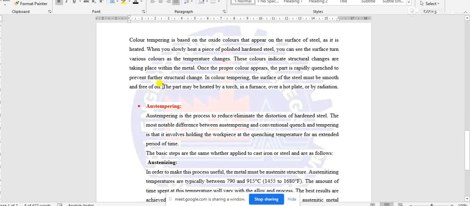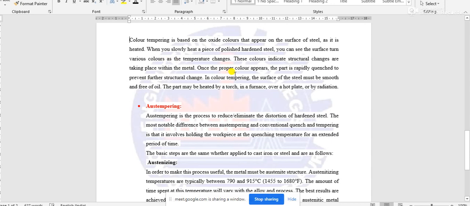Now the next thing is the color tempering. This is the special thing when some metal is present in the steel, and after heating it the metals produce some colorful oxides, and those colorful oxides come at the surface of the heated steel. At that point of time the heated steel looks like a colorful metal, and that is called color tempering.